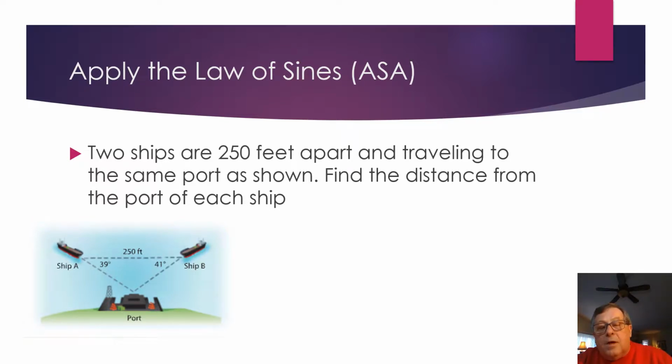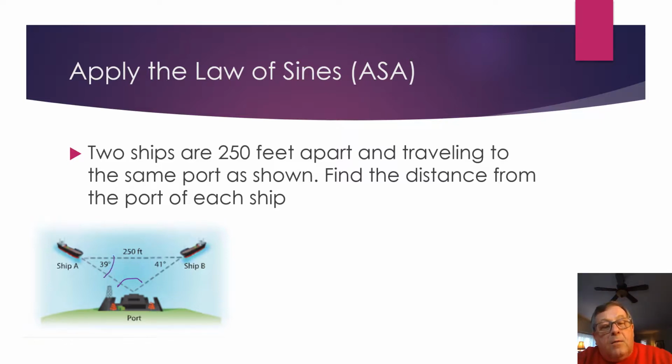Well, let's see what we know here. All right, so here's the port, and there's an angle that exists because we have a triangle here. The angle from the ship to the port, or the angle here of ship A, maybe I should say, is 39.